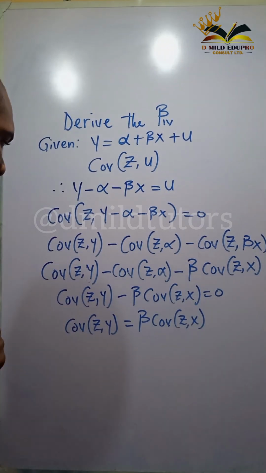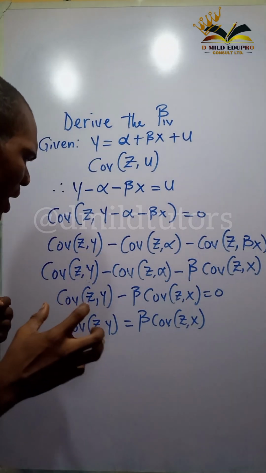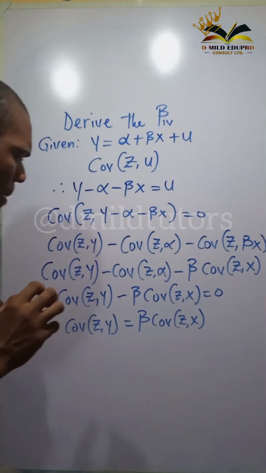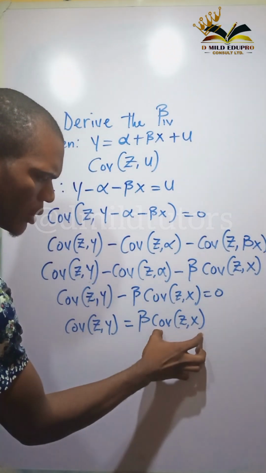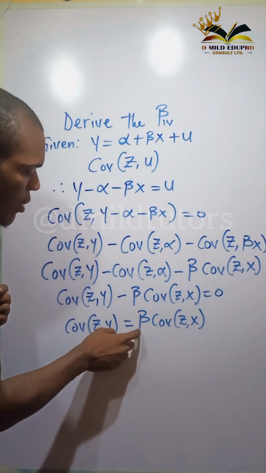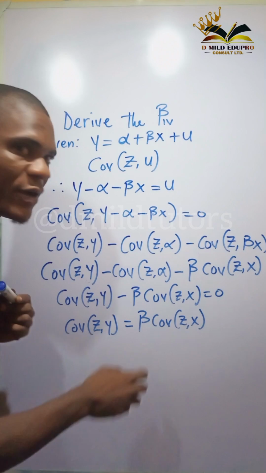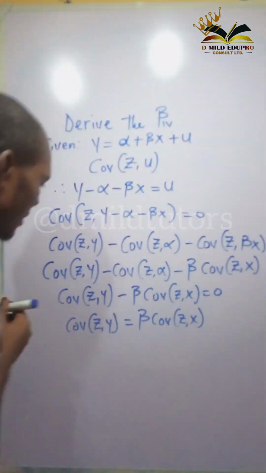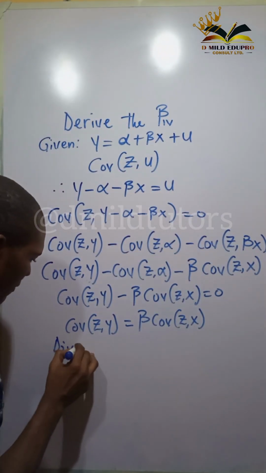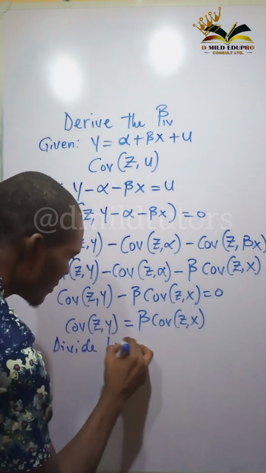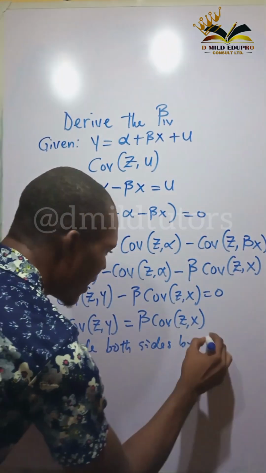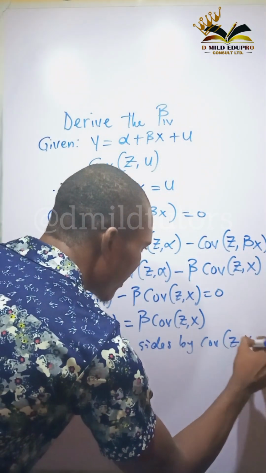Now we are going to divide both sides by this number here, because we are looking for the beta of the instrumental variable. So we divide both sides by the covariance of z comma x.